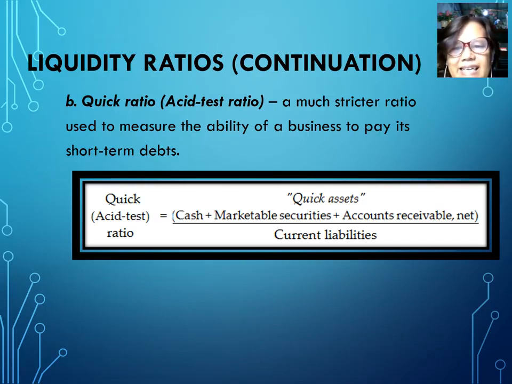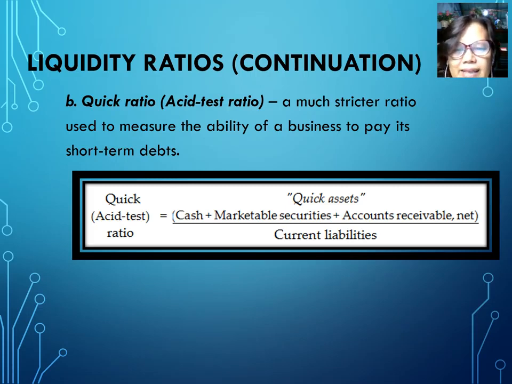A much stricter ratio used to measure the ability of a business to pay its short-term debts. What is the formula? Quick ratio is equal to cash plus marketable securities plus accounts receivable net.